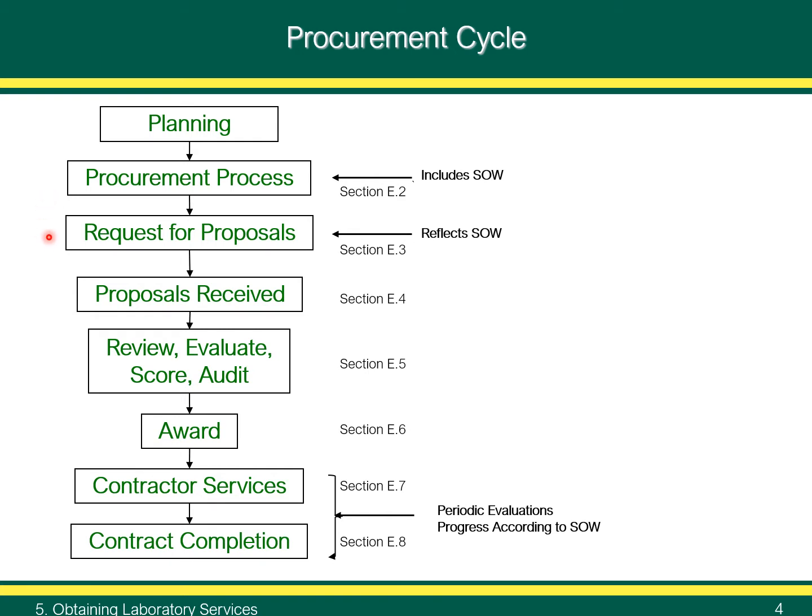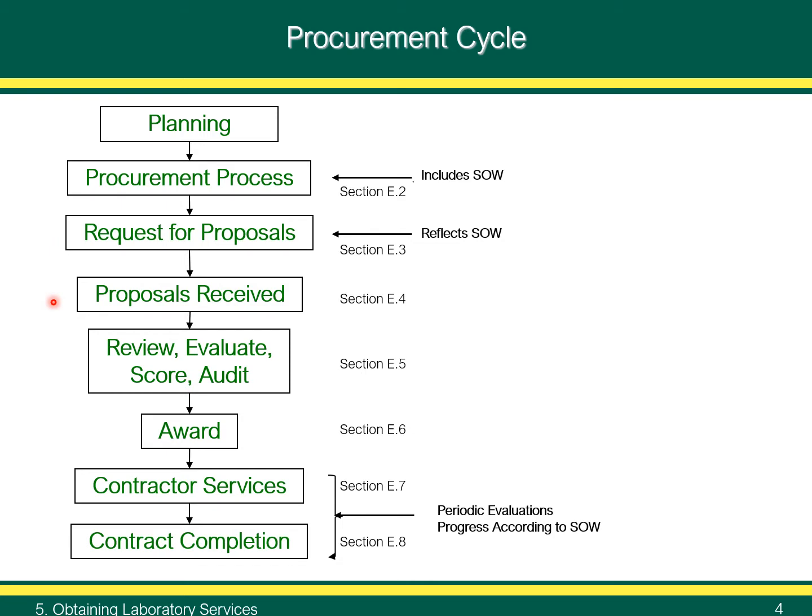Section E3 of MARLAP addresses preparation of a request for proposal, or RFP, or an equivalent document that reflects the requirements of the SOW. The SOW is sent to potential laboratories.